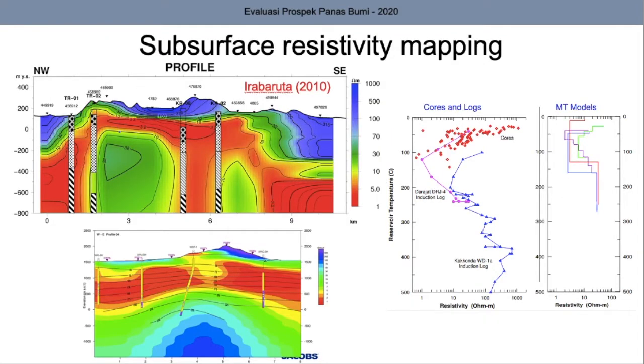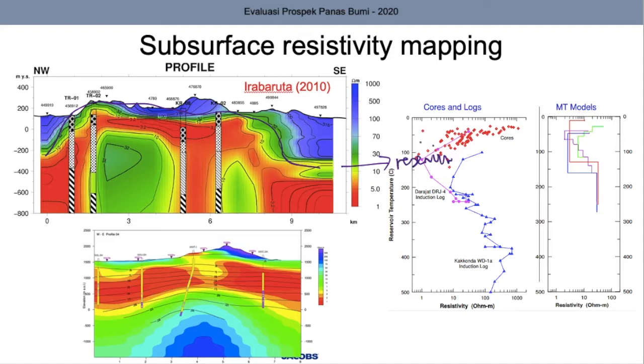Ultimately, all the geophysical data is used for mapping the subsurface. This is an example of subsurface resistivity mapping using the geophysical methods. Here we can then determine the lithologies, the heat flux, and also where the clay cap lies. In a geothermal system, the clay cap is very important because it can determine the border and the location of the reservoir.